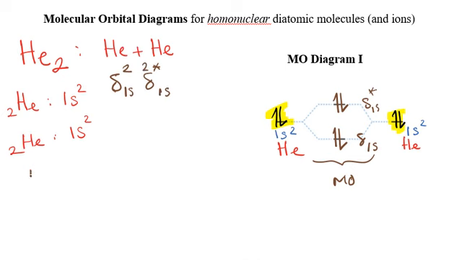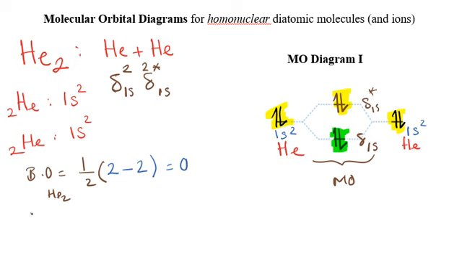Bond order for He2 is going to be half of the number of bonding electrons, 2 electrons here, minus the number of anti-bonding electrons, 2 electrons here. So it means 0.